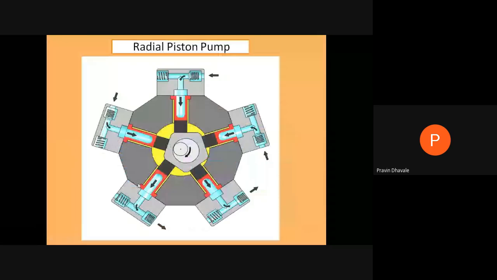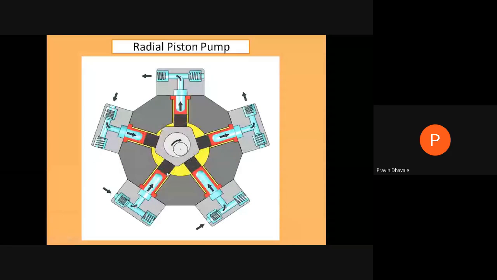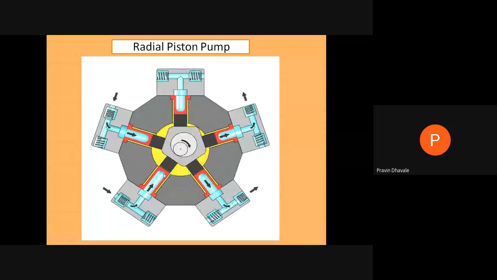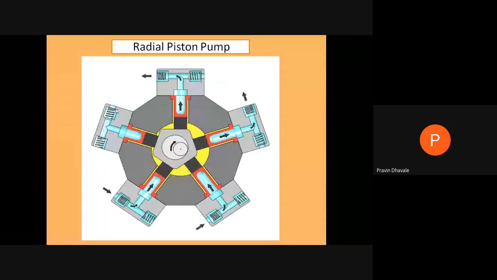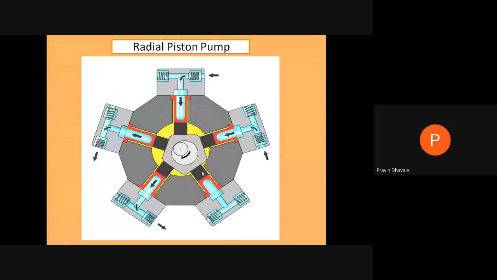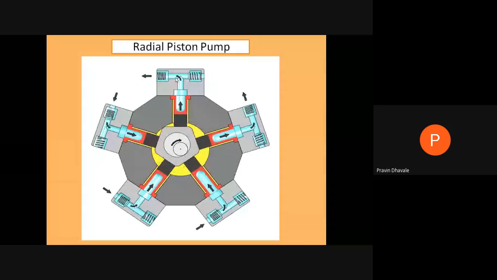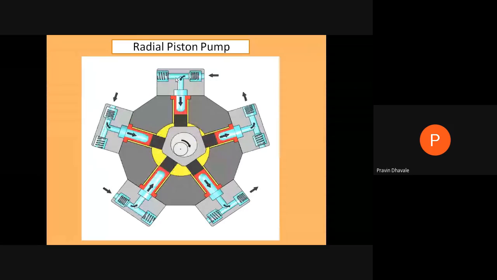Because of that, the fluid sucked within the cylinder is thrown outside the cylinder. Means discharge takes place simultaneously at each cylinder in the case of the radial pump. Are you getting this operation? Is it understood by visualization? Yes, sir.